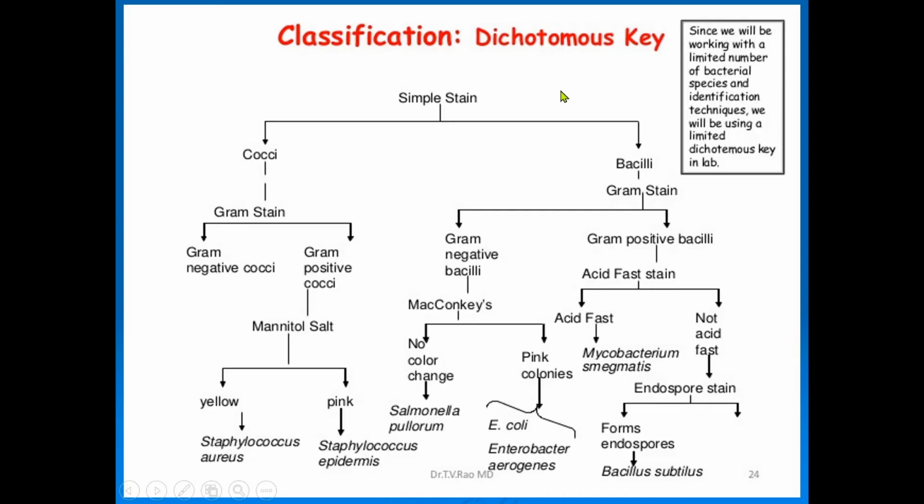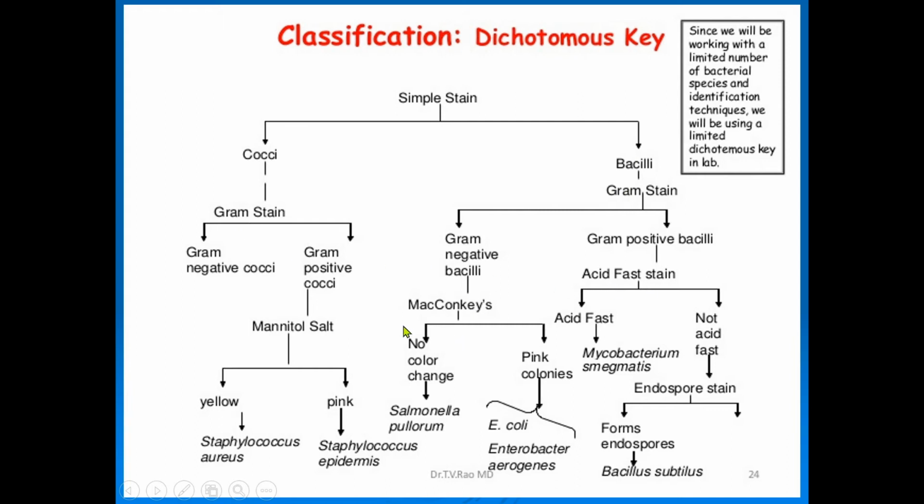This is an example of a dichotomous key, where, if you have a bacterial isolate, you do a simple stain first to see what shape it is. Then you carry out a Gram stain to see whether it's positive or negative. Sometimes you can immediately go for a Gram stain, because after Gram staining you can still see the shape.